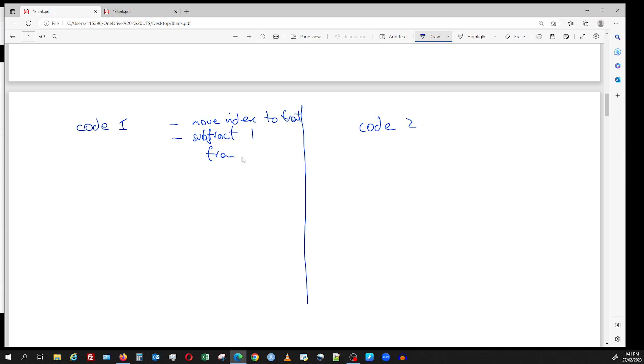So we subtract 1 from index. Over here, what we want to do is add 1 to the index. Now, that in and of itself doesn't seem onerous, but what if the index is fractional? Move to the denominator. So a couple of simple examples.